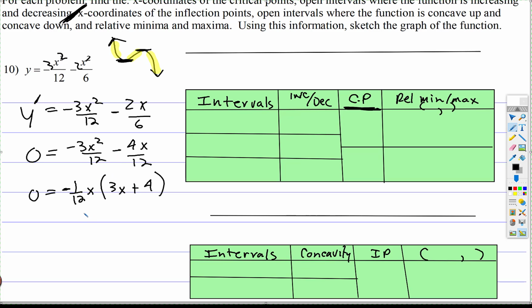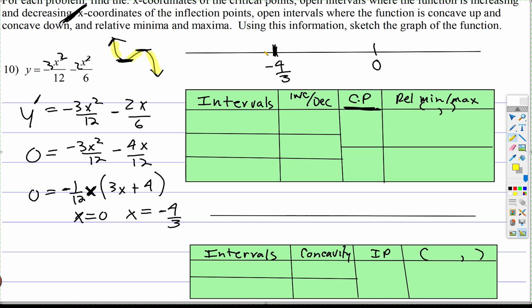All right, so this first x right here, on the outside of the parentheses, x will equal 0, and x will equal negative 4/3. So on the number line, I already have the number line. As you read left to right, negative 4/3 comes first, and then 0 comes second.